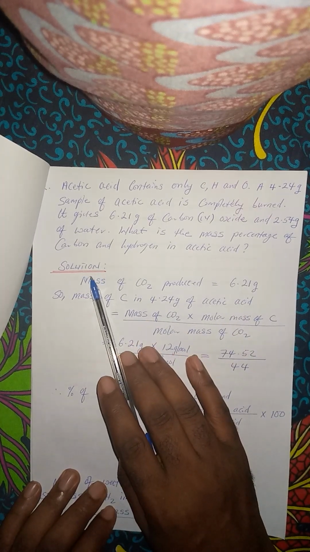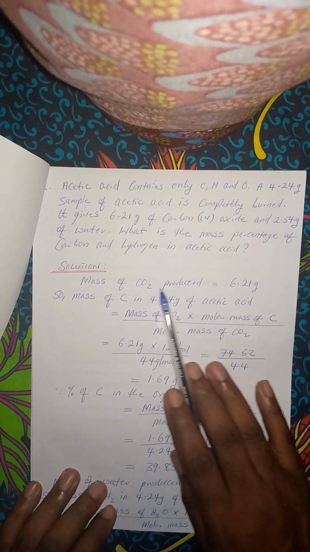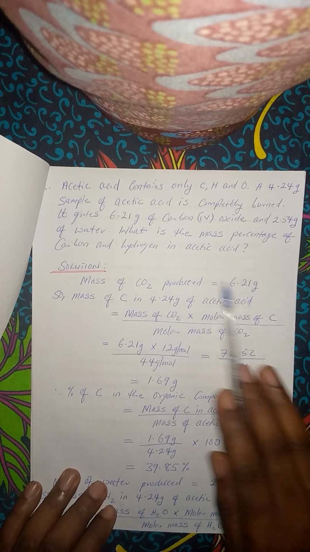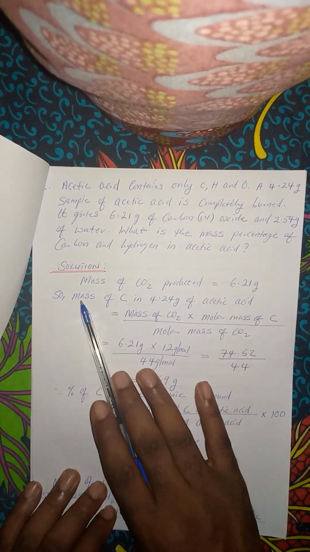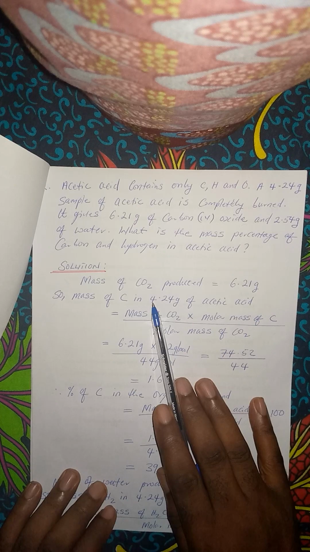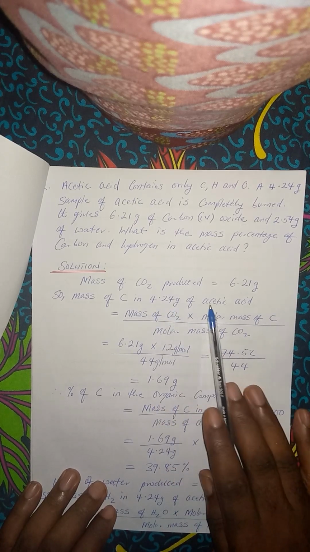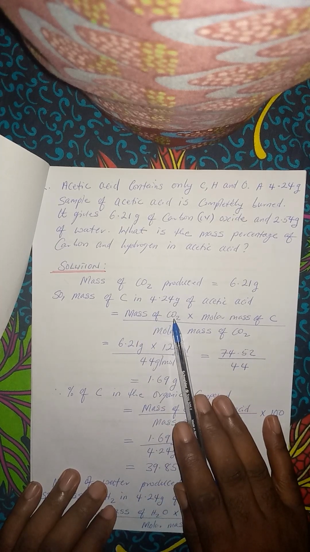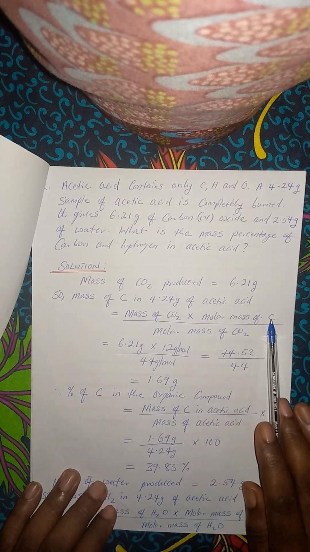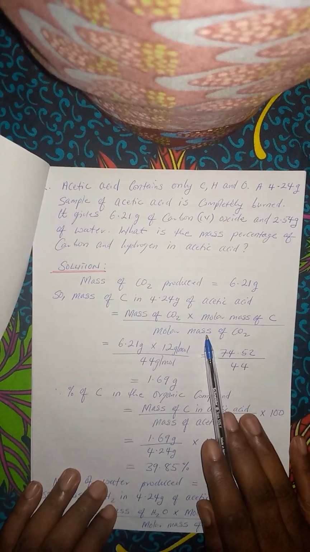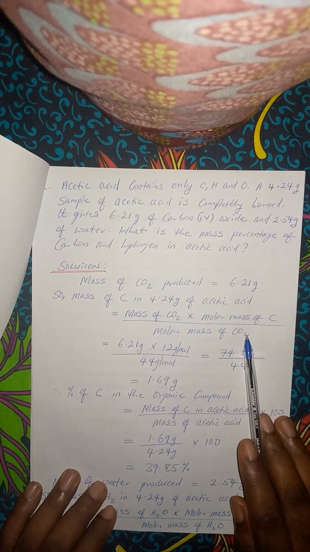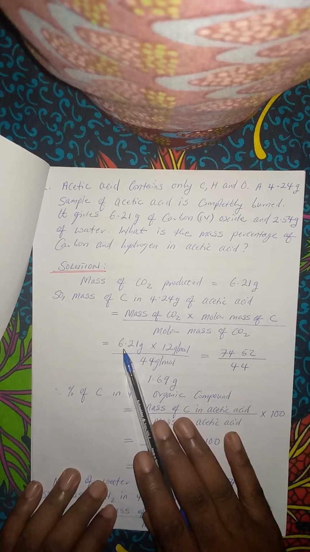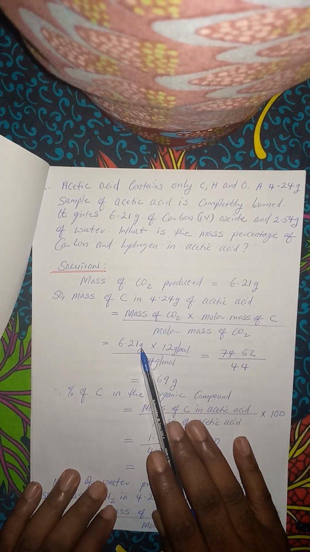To solve this problem, first, the mass of carbon dioxide produced is equal to 6.21 grams. That is from the question. So mass of carbon in 4.24 grams of acetic acid will be equal to mass of carbon dioxide times molar mass of carbon divided by molar mass of carbon dioxide. So mass of carbon dioxide is 6.21 grams.